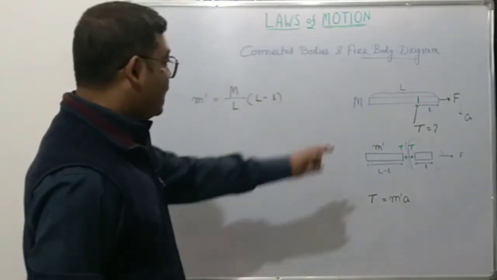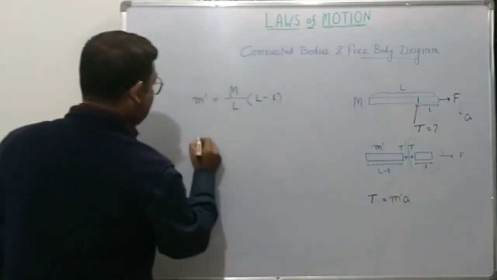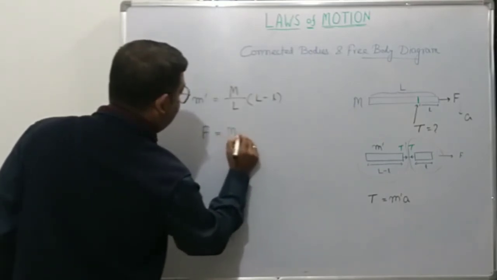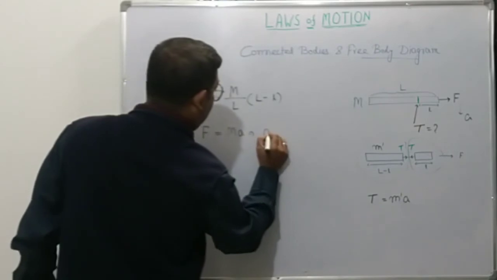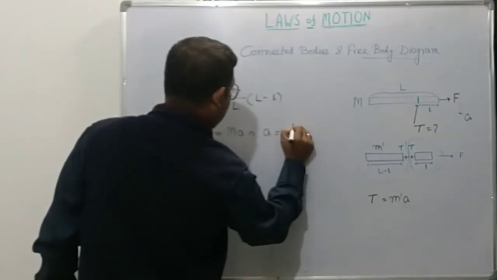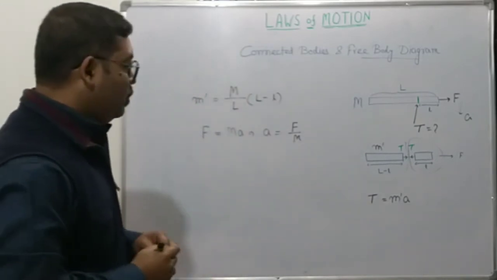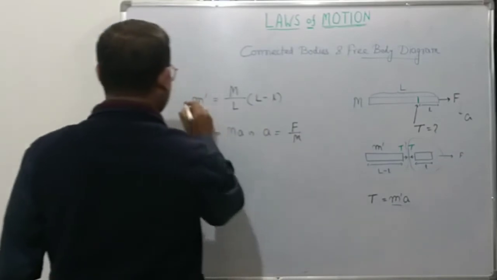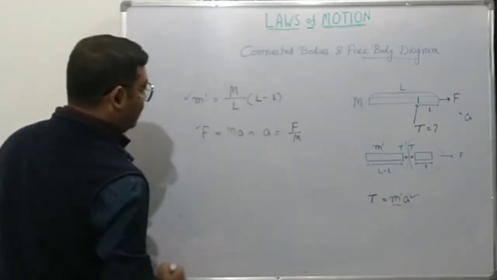Second, what is the acceleration? Newton's second law applied to the whole rod will give us F equals m into A, or acceleration A equals F divided by m. So we have found m dash, and yes, we have found A here.